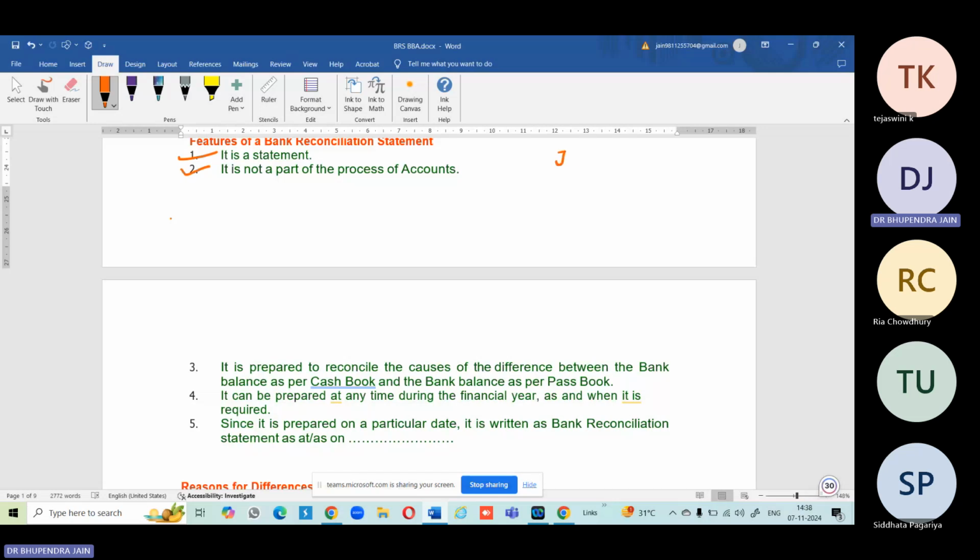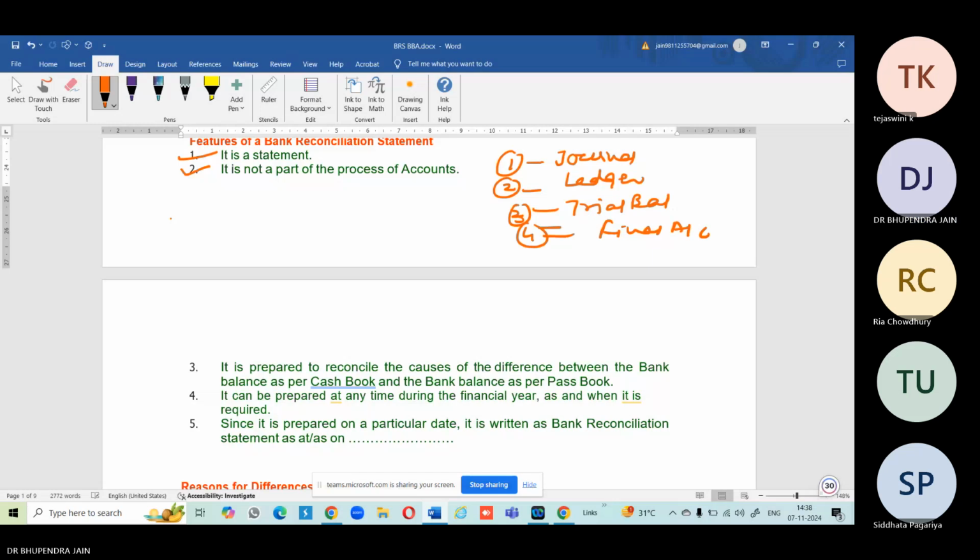Process of account is prepare journal, then prepare ledger, then prepare trial balance, and then prepare final account. These are the 4 steps of process of account. So it is not part of the process of account.